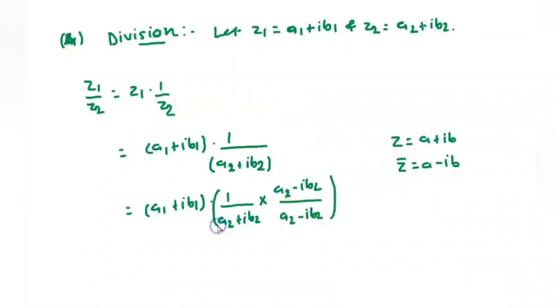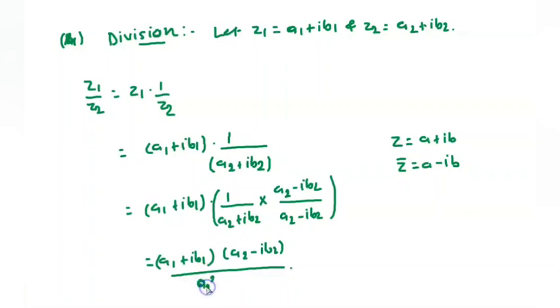Now we will simplify. So A1 plus iB1 into A2 minus iB2, and the denominator will be A2 plus iB2 into A2 minus iB2. Apply the formula a plus b, a minus b equals a square minus b square.